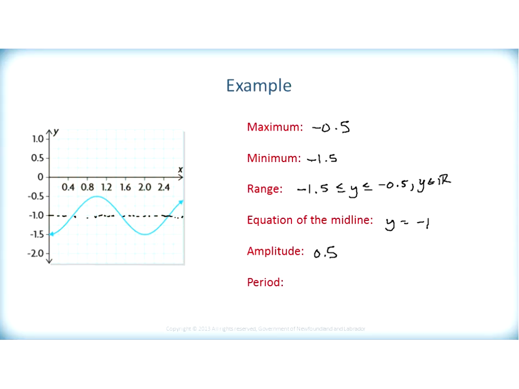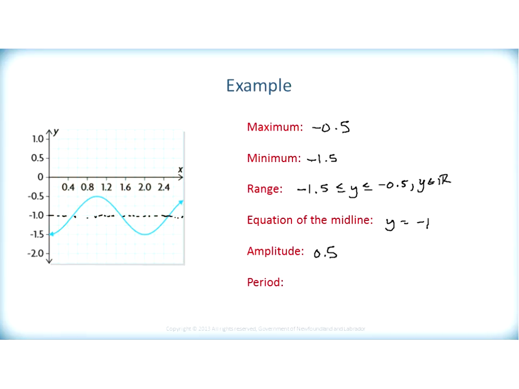Now the period is how long it takes to go from max to max. It's also the horizontal distance between the max and the min that represents half the period. So if we go from our max to our min, that represents half the period.